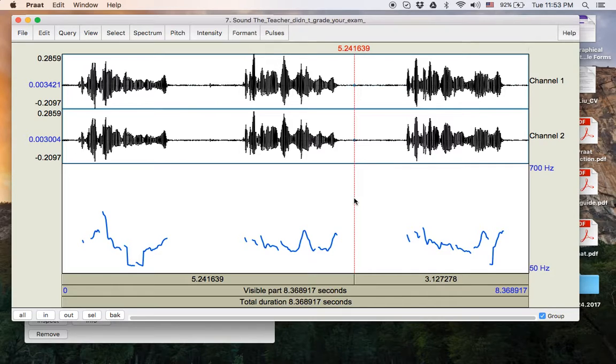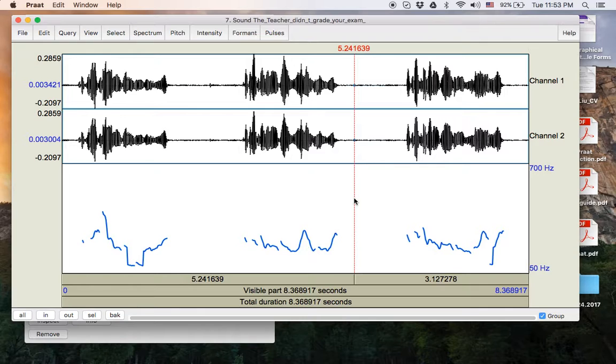So a possible sentence could be the teacher didn't grade your exam, she graded Mary's exam. And in the third sentence, the teacher didn't grade your exam suggests that the teacher graded something else. So it could be the teacher didn't grade your exam, she graded your assignment.